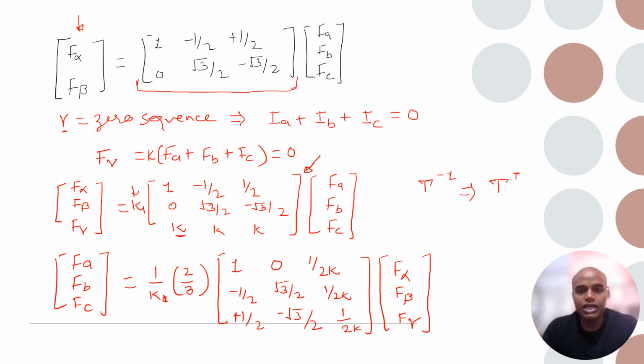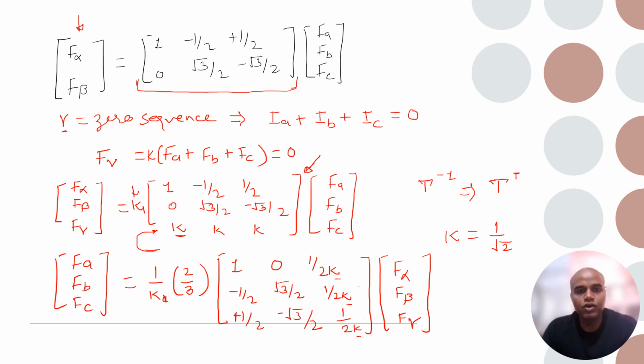Now looking at this K, if I want the inverse to be the transpose of this matrix, then very obviously the value of K is nothing but 1 by root 2. Putting 1 by root 2 over here, this column gets replaced with 1 by root 2, 1 by root 2, and 1 by root 2.